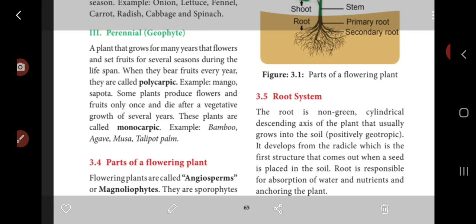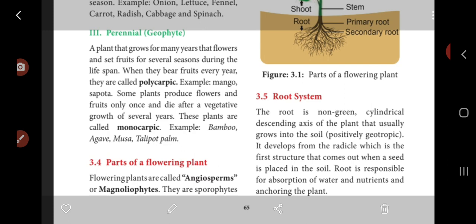The root usually grows into the soil, so it is said to be positively geotropic, but it is negatively phototropic because it grows away from the light.